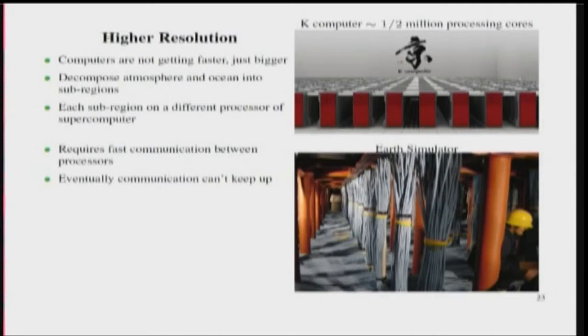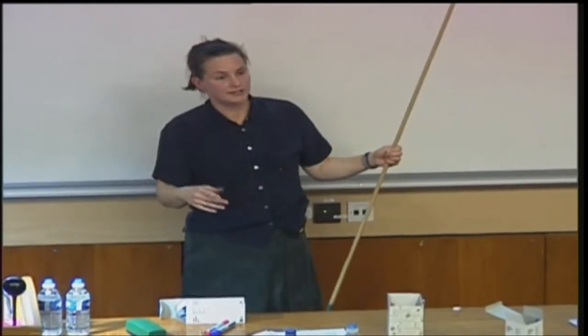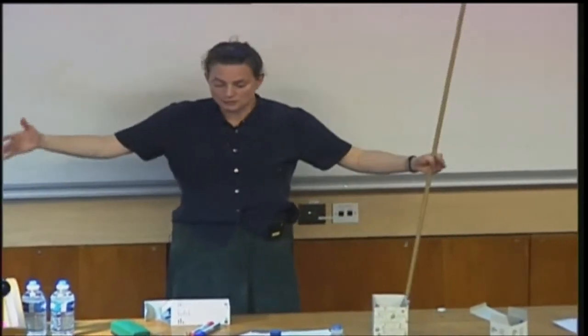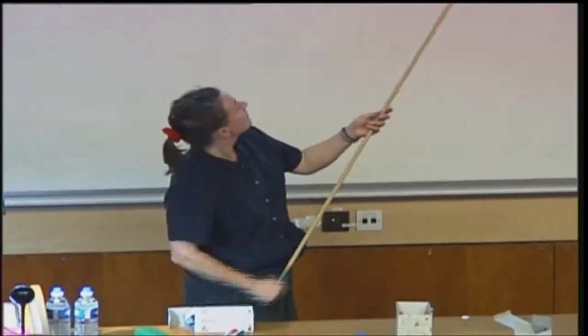Because they all need to communicate with each other, this is actually a different computer. The Earth Simulator was the largest computer in the world a good few years ago now. And this is a photograph taken of all the cables underneath the floor. Each of these cabinets is about this high and this wide. They all need to communicate with each other to tell each other the temperature and all the other fields in their location.